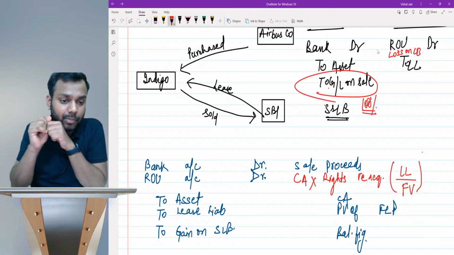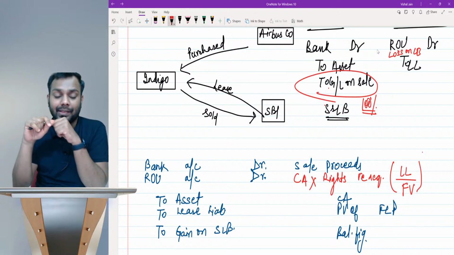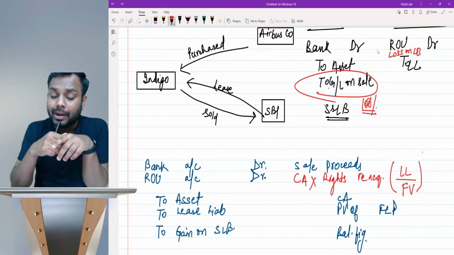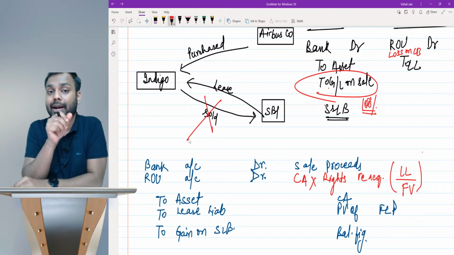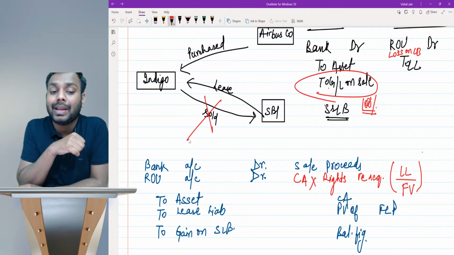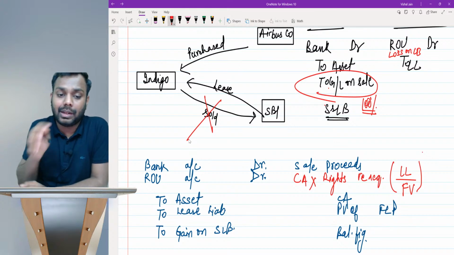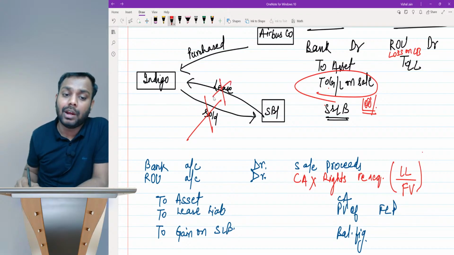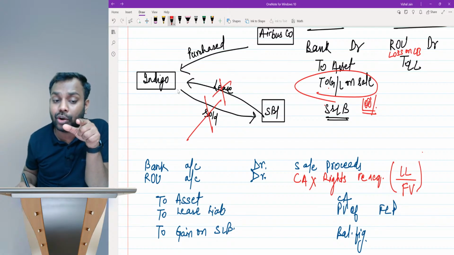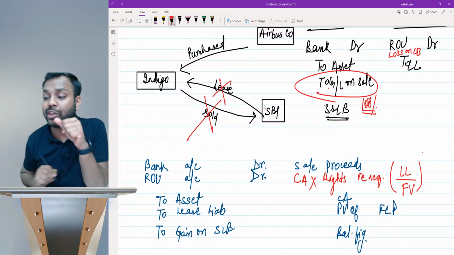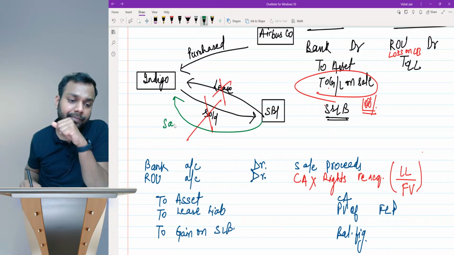Now one more concept. All of you guys, please pay attention. If this contract does not qualify to be a sale contract, then this will not qualify to be a lease contract also, right? But yes, SBI has paid the sale proceeds to Indigo, and Indigo is paying the lease payments to SBI.